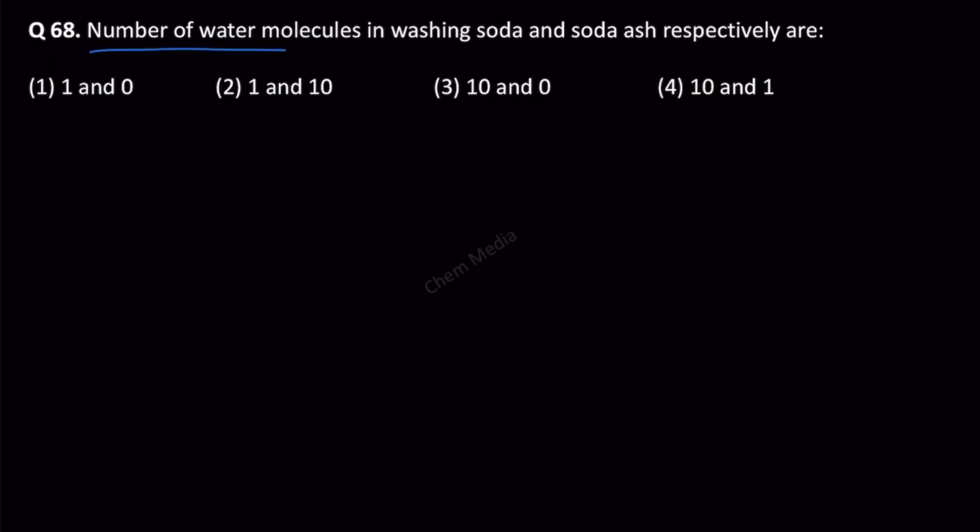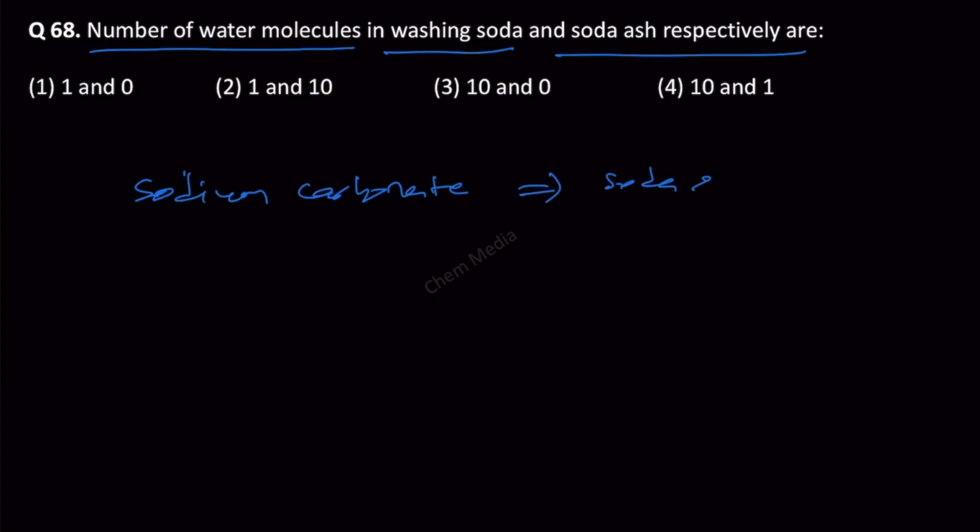Number of water molecules in washing soda and soda ash respectively are how many? We know that sodium carbonate is referred to as soda ash. Sodium carbonate is Na2CO3, that will not have any water molecules. So this means 4 is wrong, 2 is also wrong.